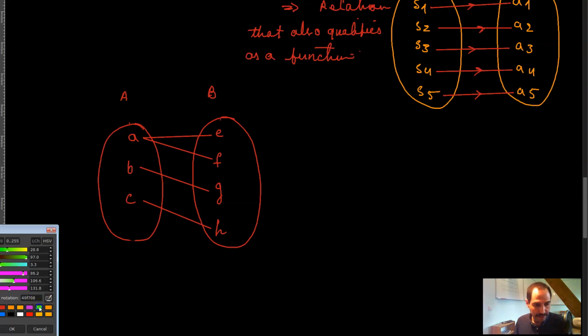So in this case, as you can see, this element has two images in the codomain, so this is not a function.